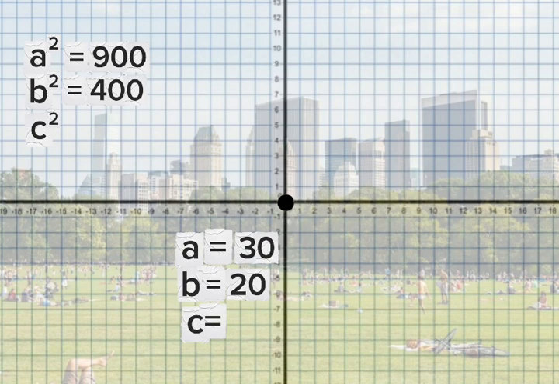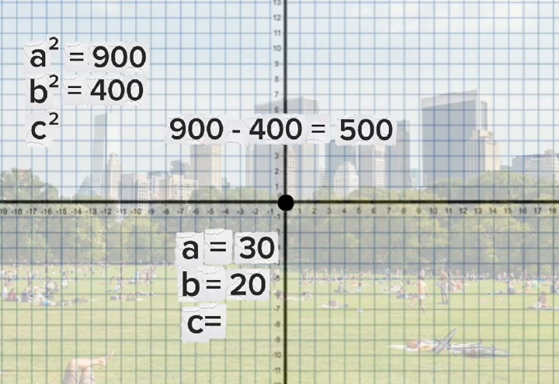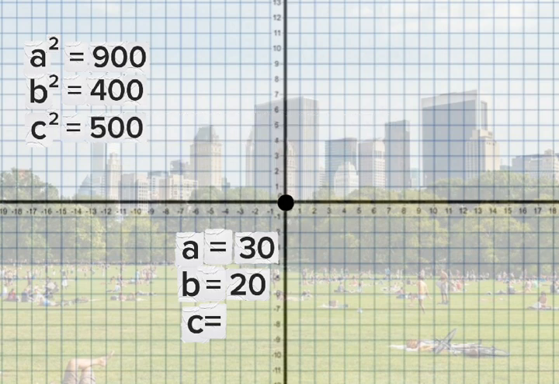Then to get our C squared, we can just take the value of our A squared and subtract our B squared. So 900 minus 400 is equal to 500. So the value of our C squared is 500.